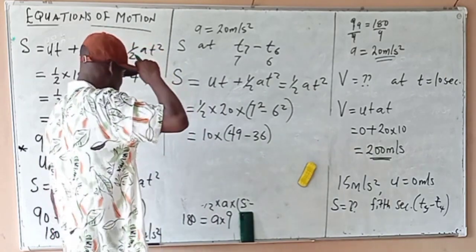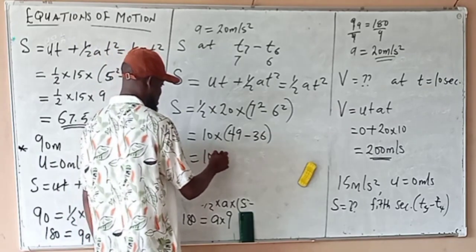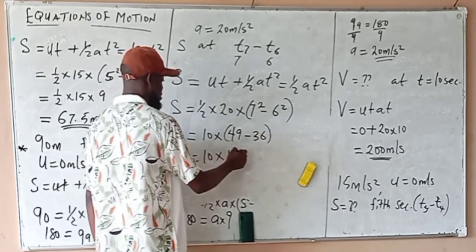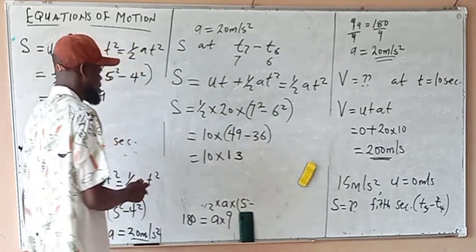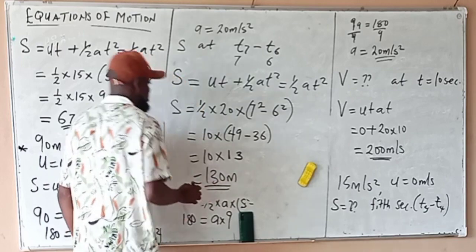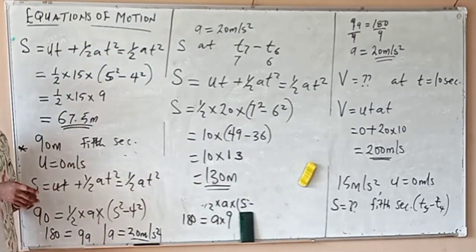That is 10 times 13, and that will give us 130 meters. That is the distance moved in the 7th second, 130 meters.